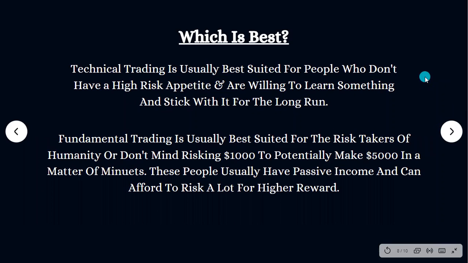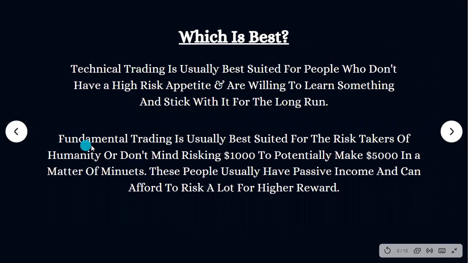So which is best? Technical trading is usually best suited for people who don't have a high risk appetite and are willing to learn something and stick with it for the long run. If you belong to group 1, that's good.